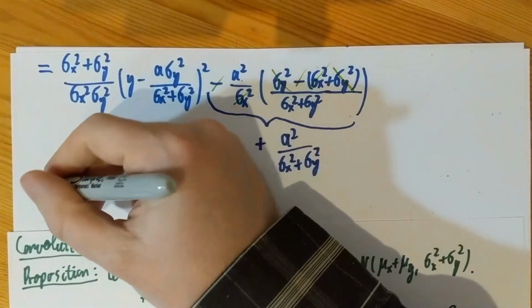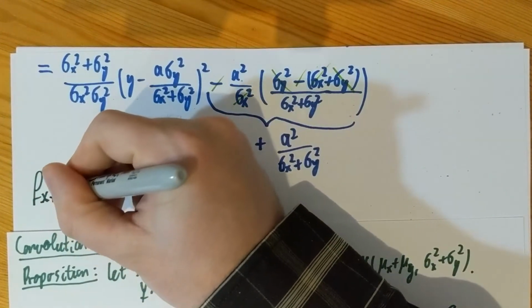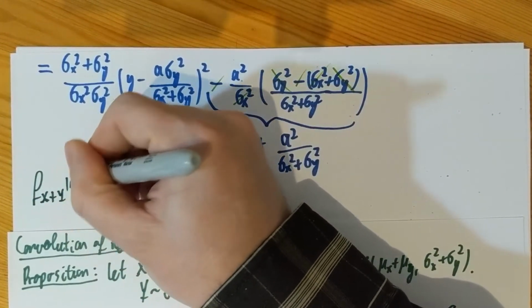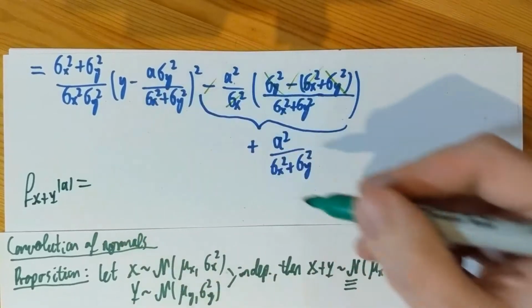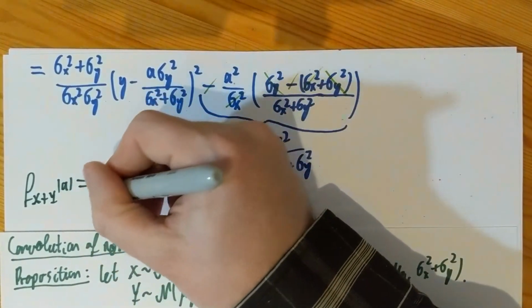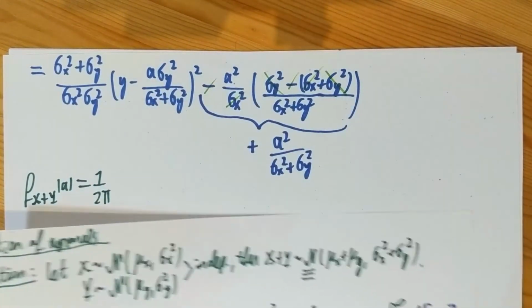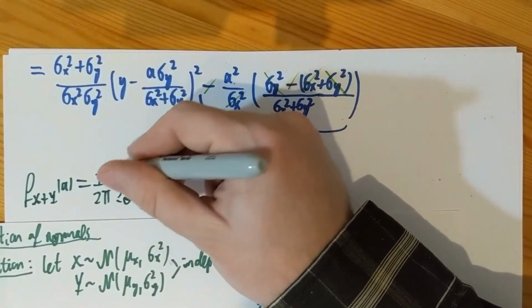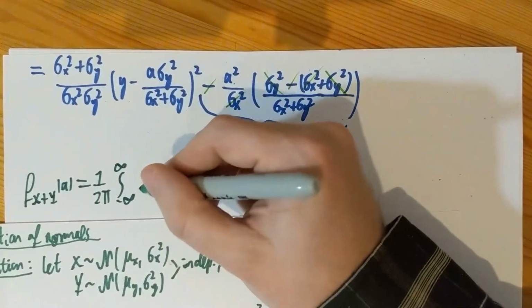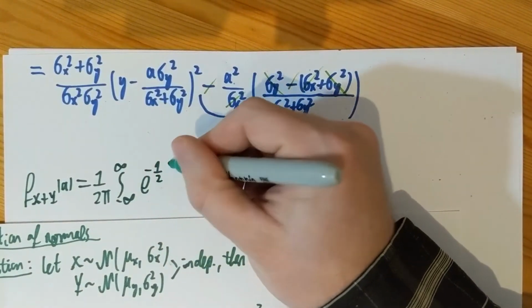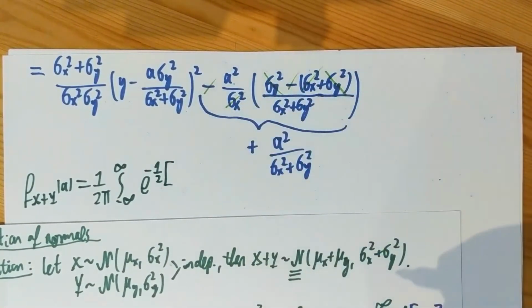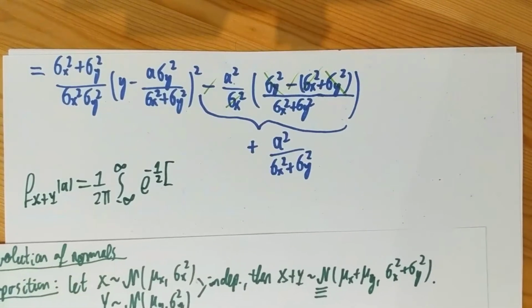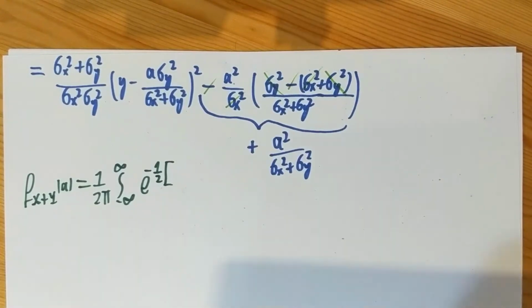So the density of x plus y at a is going to be the integral 1 over 2 pi, and then the integral from minus infinity to infinity of e to the minus 1/2 of all of that big bracket, of all of the previous line, dy, okay?